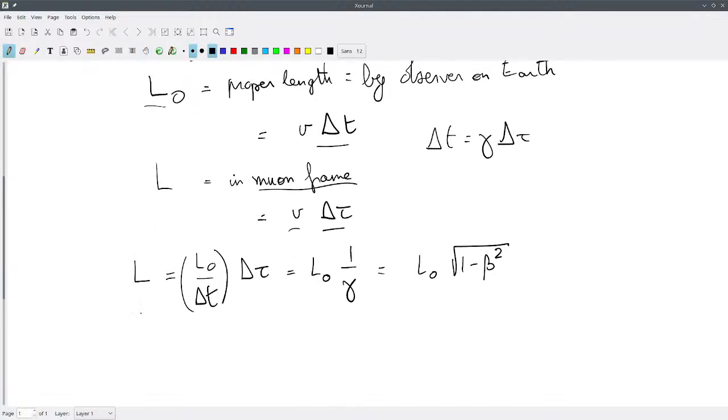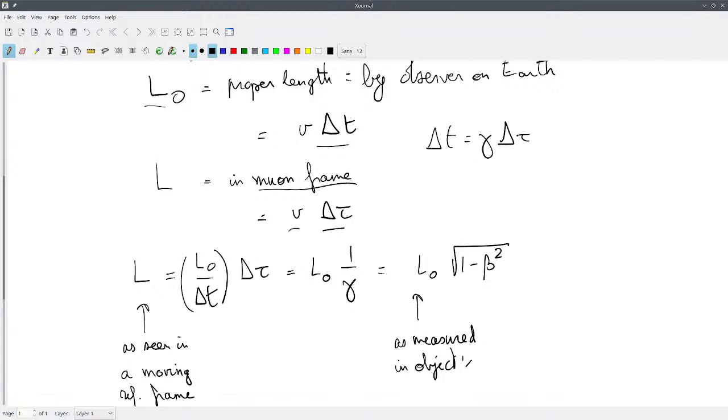So again, this is the length as seen in a moving reference frame, and this length L0 is as measured in the object's rest frame. So again, we see that there's a change in the length of objects, just like there's a change in the time that is measured, depending on the speed of the reference frame with which you're measuring.